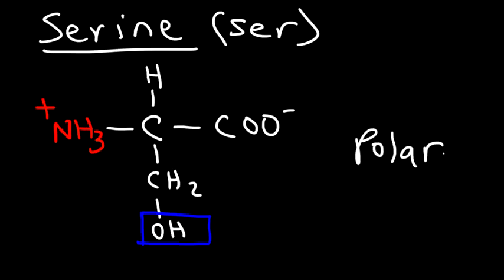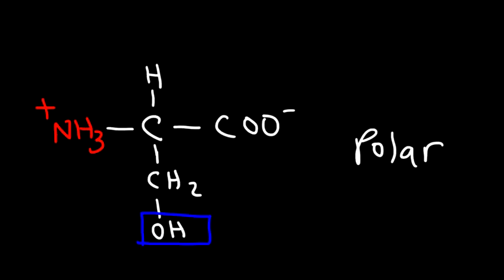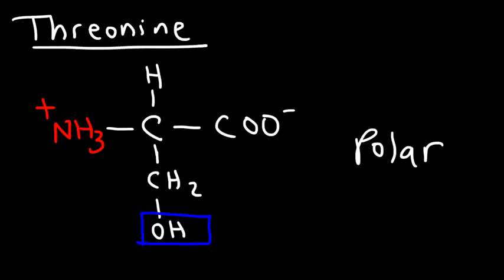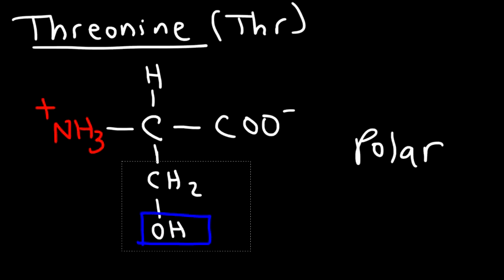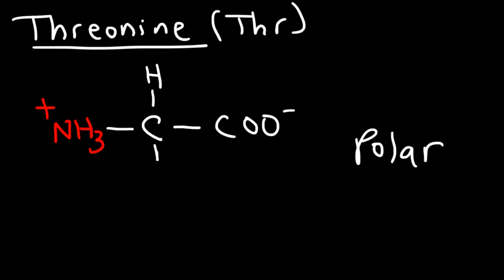So that's serine. Next up, we're going to talk about another polar amino acid called threonine, THR. Now, this amino acid also has a hydroxy group.